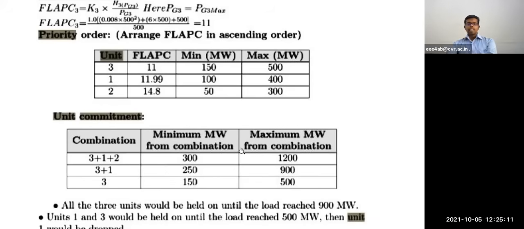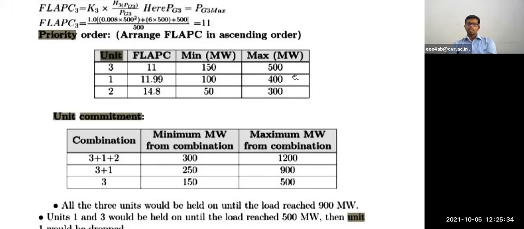So say for example the demand is 300 megawatt, you can simply switch on 500 megawatt. Then if the demand is 400 megawatt, you can simply switch on this 500 megawatt generator. Okay, and whatever the combination, say for example 800 megawatt you need to generate.